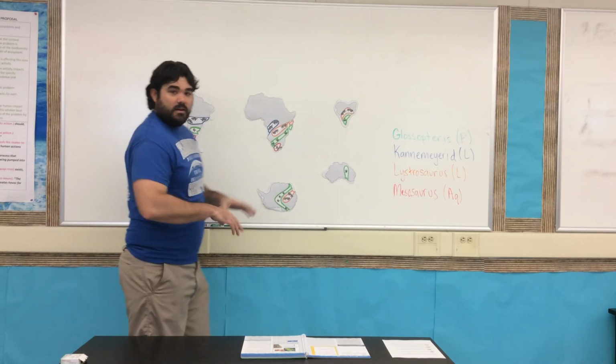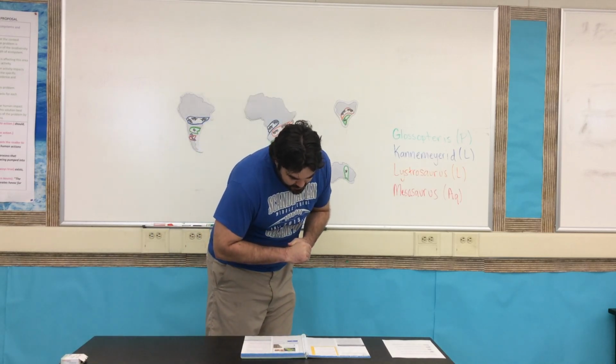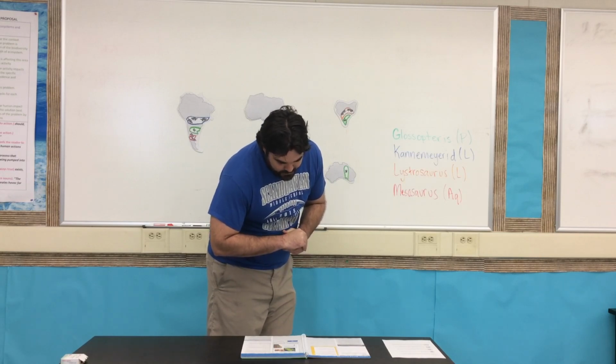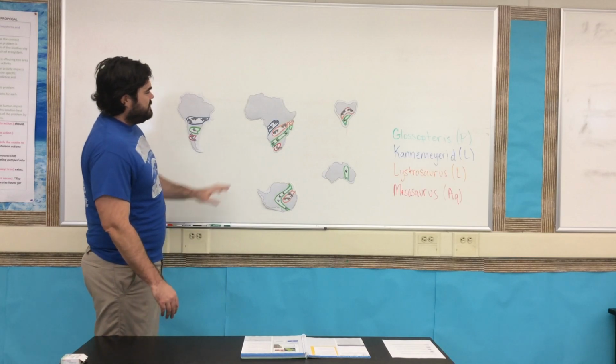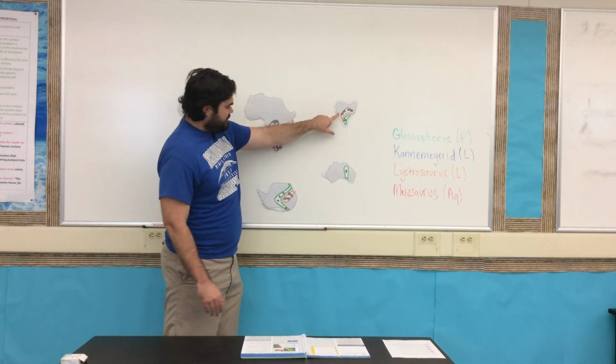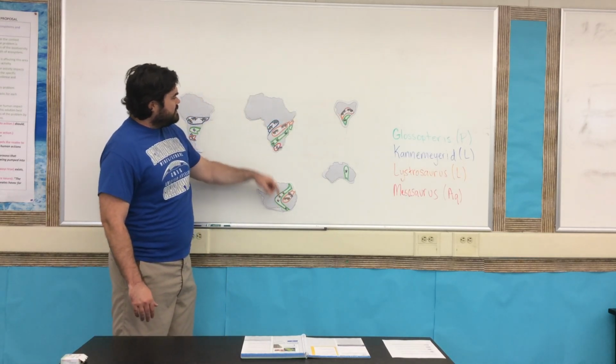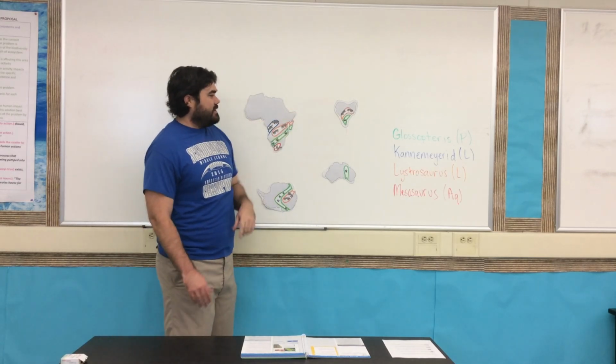In your book it asks, which fossils have been found on the land masses that made up Gondwana, and where are they located? As you can see, Lystrosaurus can be found in Antarctica, Africa, and India.